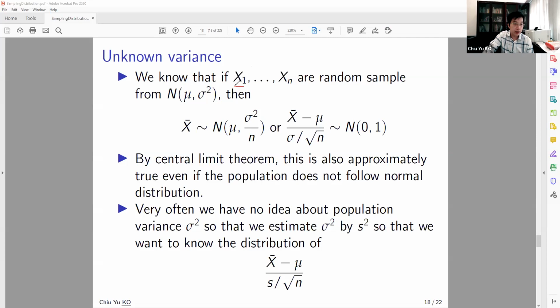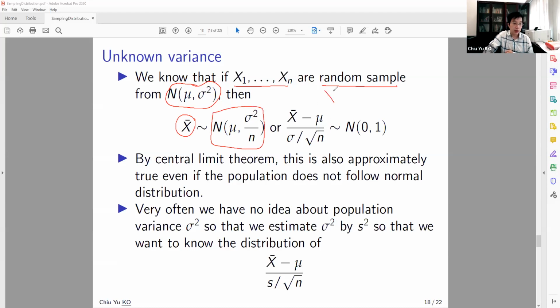So if X1 to Xn is a simple random sample from a normal, then if it's from normal, the sample mean will also be normal, because we know the sum of normals is normal. So the sum of the normals divided by n will be the same idea here.